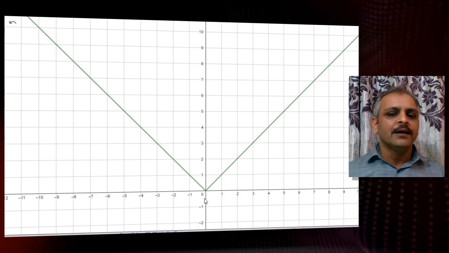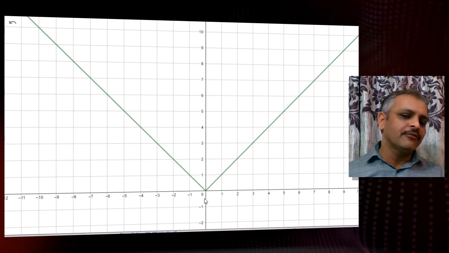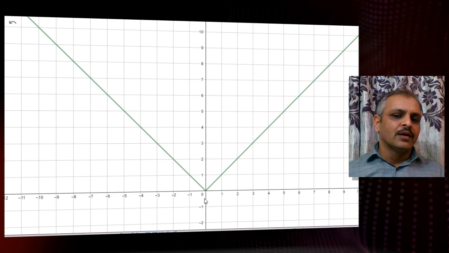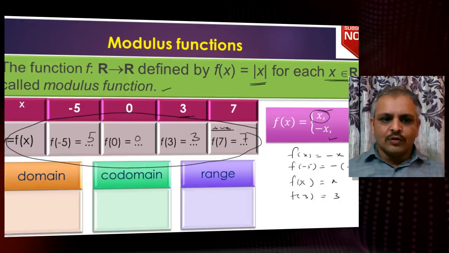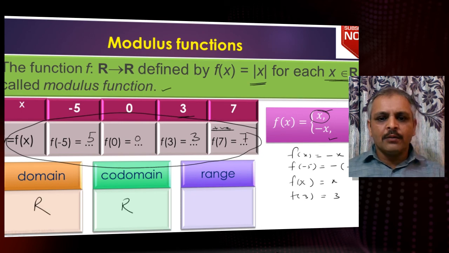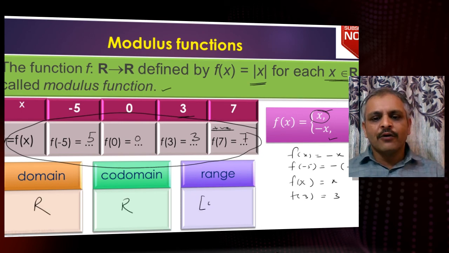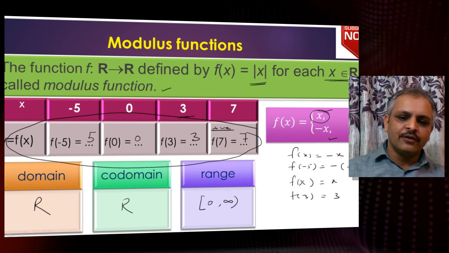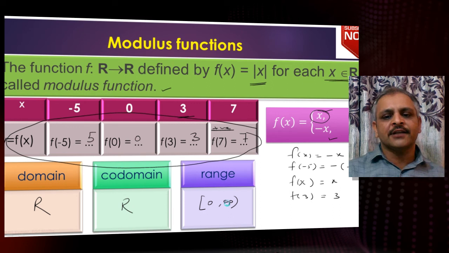So y will be a non-negative real number. So its range will be the non-negative real numbers. So domain is all real numbers, codomain is all real numbers, range is from 0 to infinity, that is y will always be positive. It will not go towards the negative side.